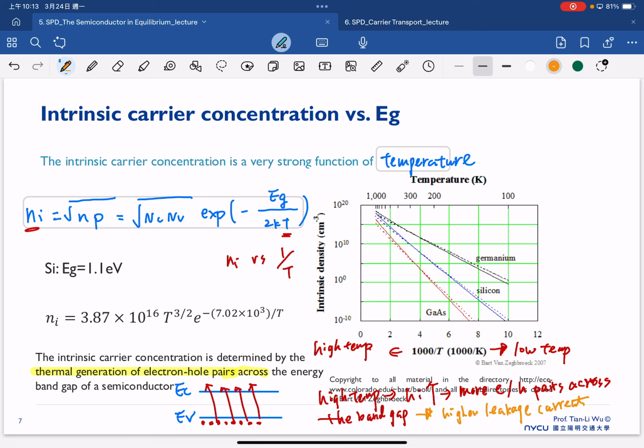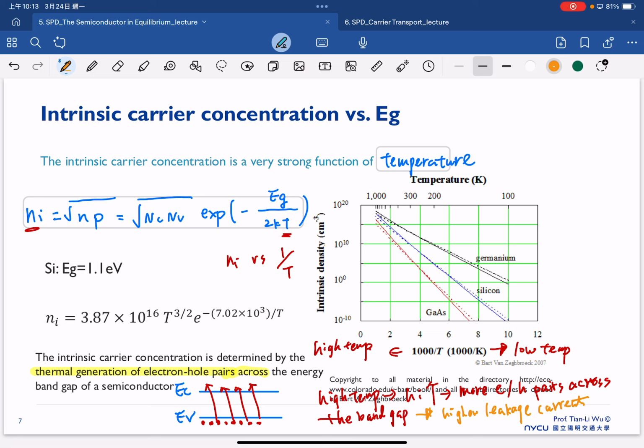On the other hand, if you put your semiconductor material in an extremely low temperature environment, you always have a very low leakage current. This is also highly correlated with the intrinsic carrier concentration.